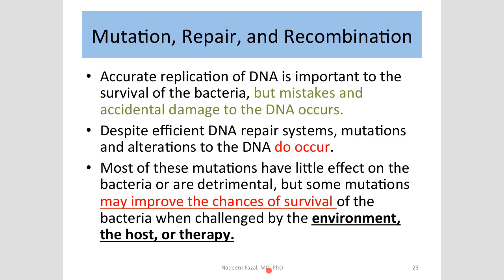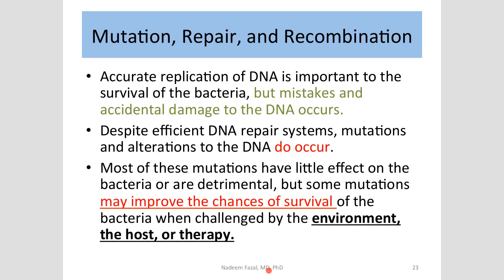So the point is that if there's a mutation, change of the gene can occur. But the good thing for bacteria is that most of these mutations have little effect on bacteria or are detrimental. And the flip side is the other way around, which is bad for us.